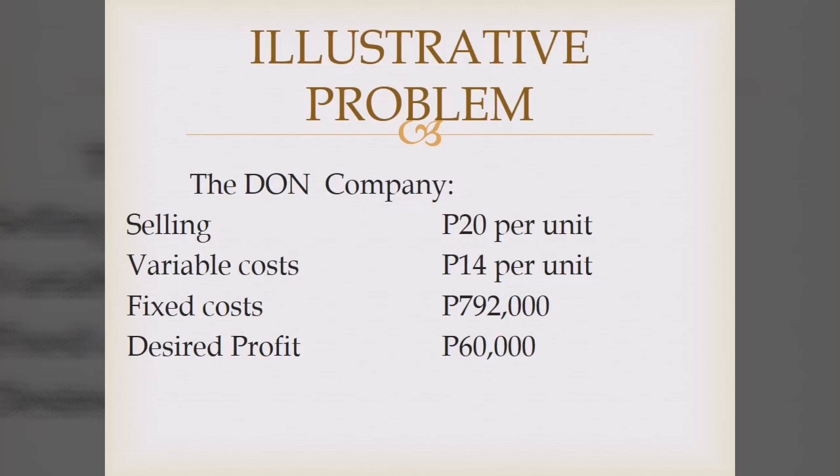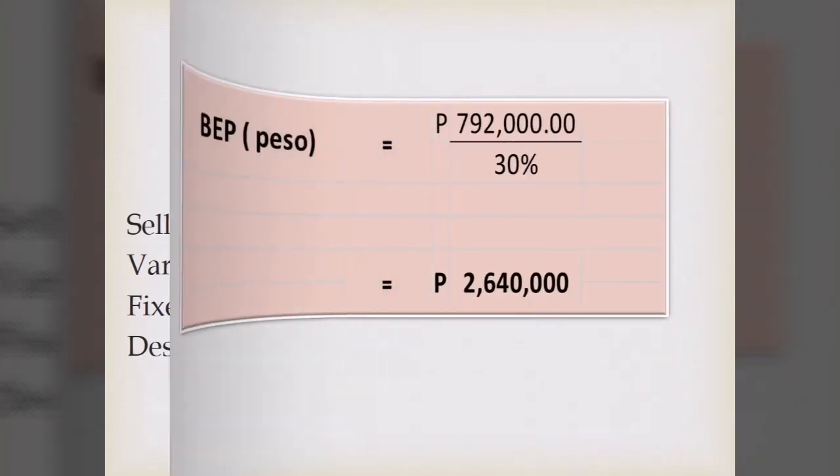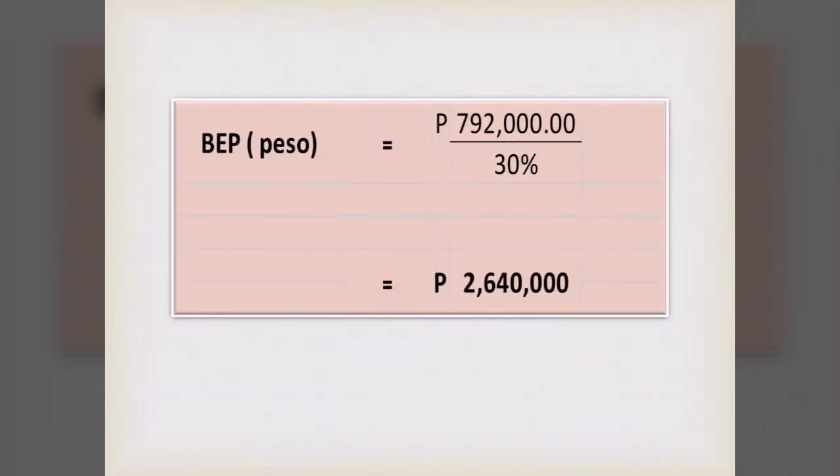Selling price of 20 per unit, variable cost of 14 per unit, fixed cost of 792,000, and desired profit of 60,000. If we have 792,000 fixed cost, we divide it by the 30% contribution margin ratio. Then we will arrive at 2,640,000 break even in peso.